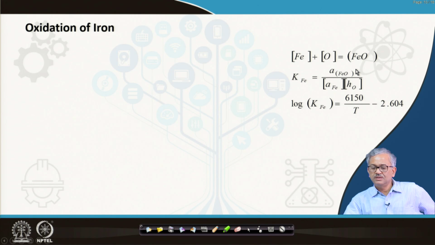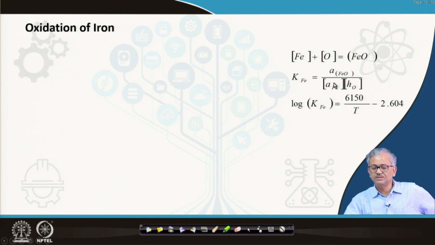The activity of FeO I have represented with reference to the Raoultian scale, that means with pure solid at the standard state, and the activity of iron also we have considered with pure solid at the standard state, because iron is 95% by weight in the liquid iron, which is a very pure form.